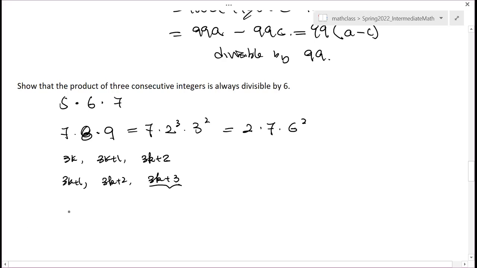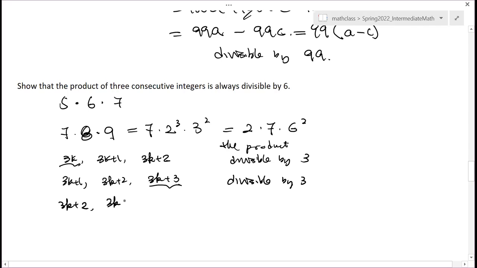So this is divisible by 3. Now the product is divisible by 3. And then if you begin with 3k plus 2, then you have 3k plus 3, 3k plus 4.